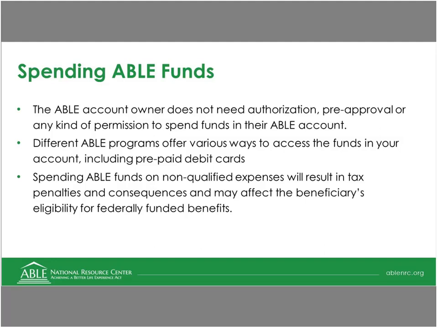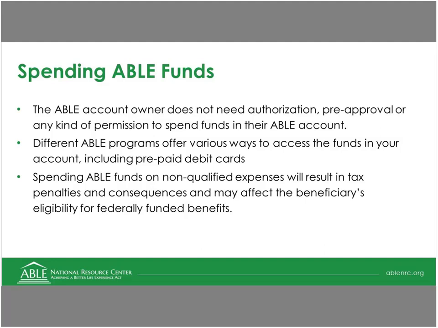Again, we touched on this, but I think it's something that deserves to be stated again. Spending ABLE funds on non-qualified expenses will result in tax penalties and consequences and may affect the beneficiary's eligibility for federally funded benefits.